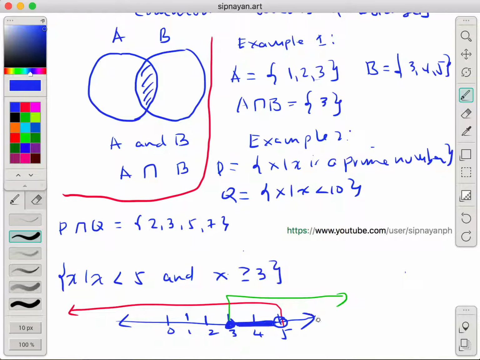If you watched our previous videos, this can be represented as 3 up to 5, where the 5 takes a parenthesis.